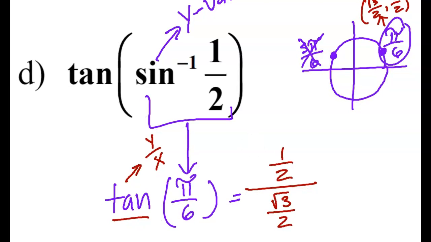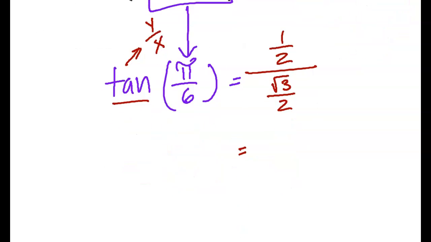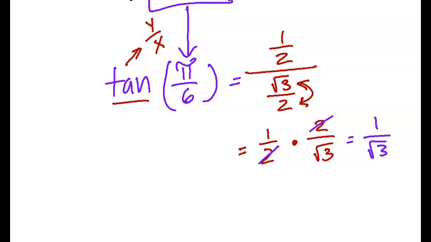Okay. So yes, Kate was right. We have to multiply by the reciprocal, meaning we keep the numerator and multiply by the reciprocal of the denominator. Anytime we're multiplying fractions and we see there's a like term between the numerator and the denominator, they cancel, leaving us with 1 over square root of 3.